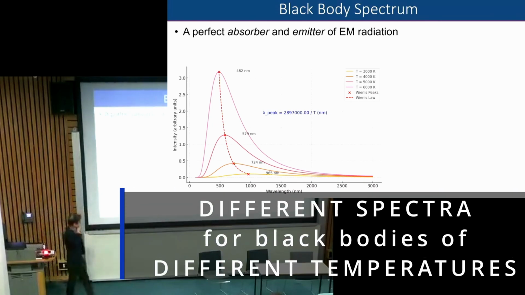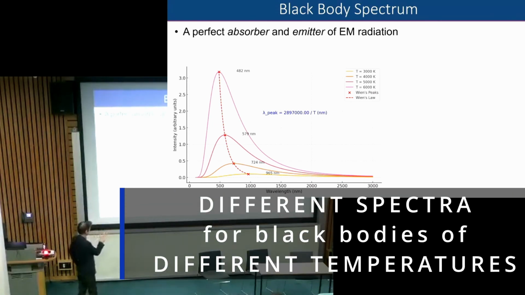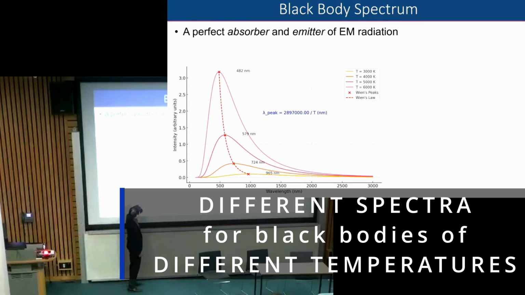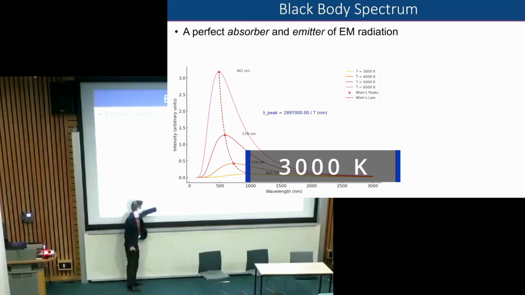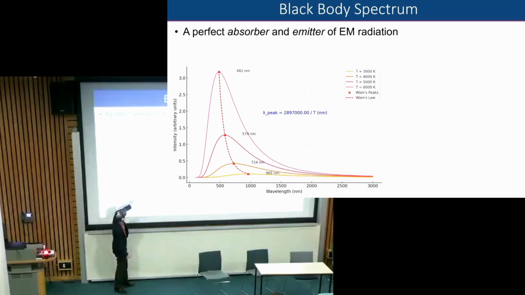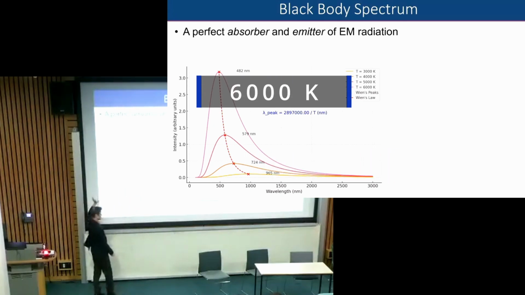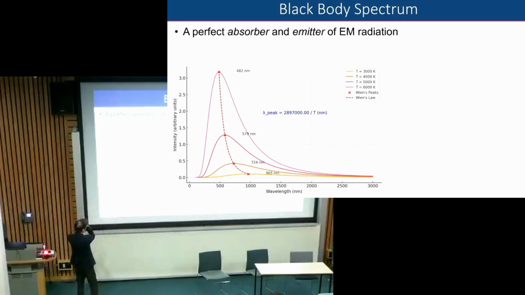So these are examples of what spectra would look like for black bodies of particular temperature. We've got 3000 Kelvin. This is what the spectrum of electromagnetic radiation would look like. Then as we go to hotter temperatures, 4,000, 5,000, up to say 6,000 Kelvin, which is something comparable to the sun, you see that we get this shift in peak wavelength of emission.